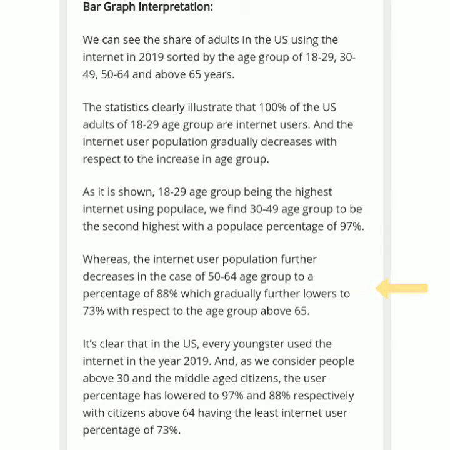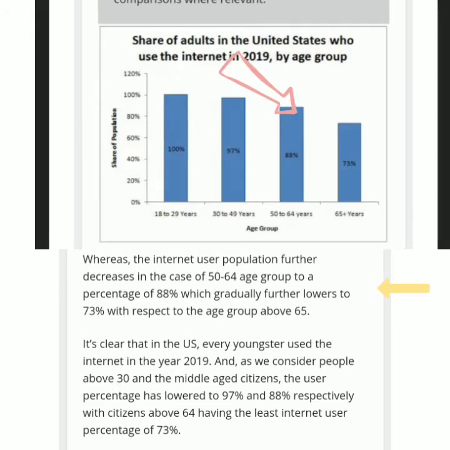Whereas the internet user population further decreases in case of 50 to 64 age group to a percentage of 88%, which gradually further lowers to 73% with respect to the age group above 65.